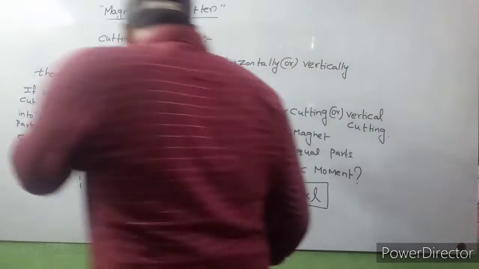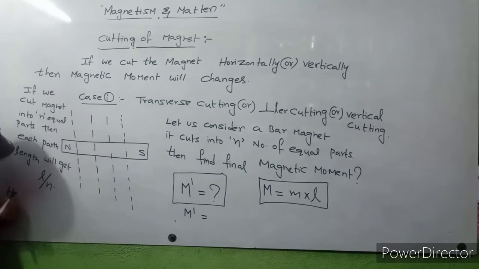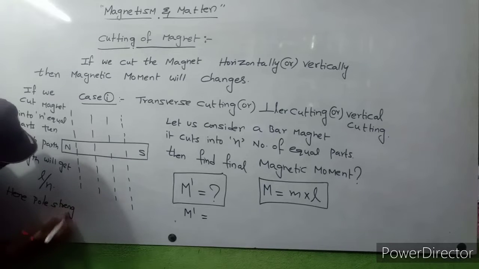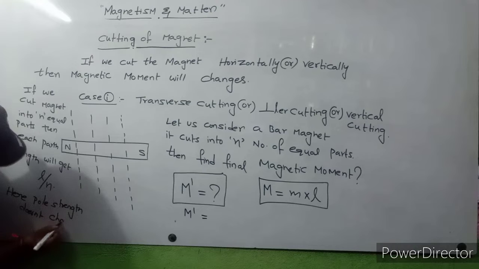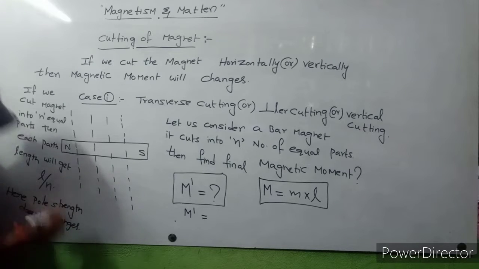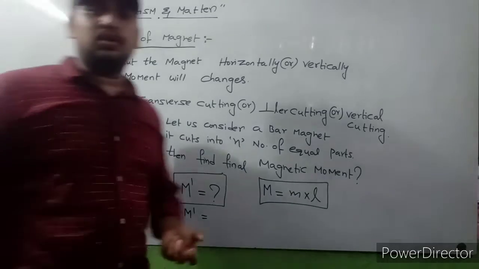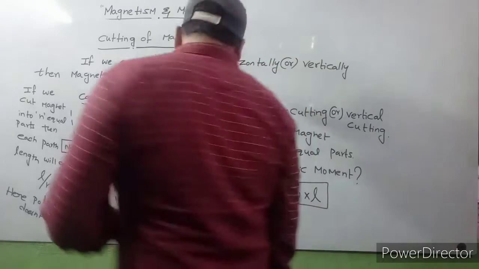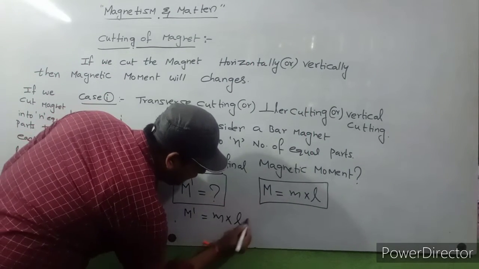So substitute that. Here pole strength doesn't change. Pole strength doesn't change, length only changes. Each part length will be L by n. Substitute that. So M dash is equal to pole strength m only, and length will become L by n.